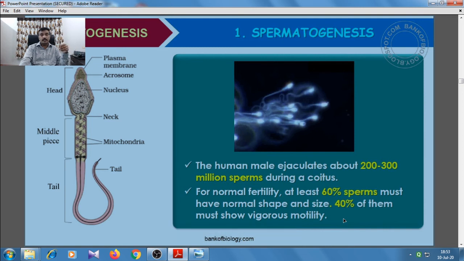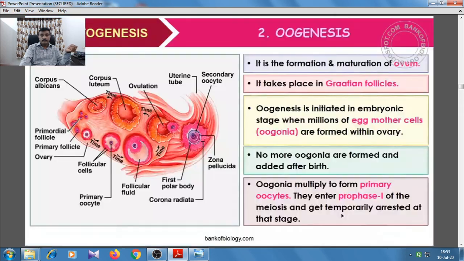Only if these conditions are satisfied will the process of fertilization take place.